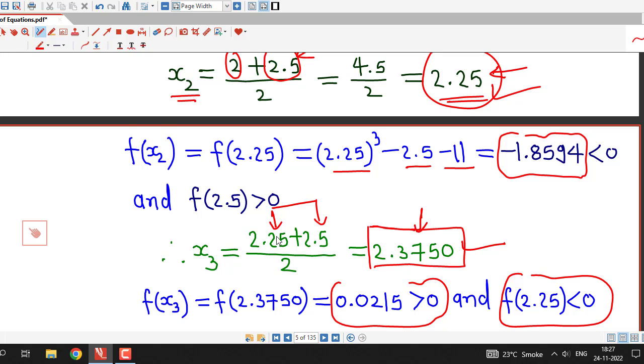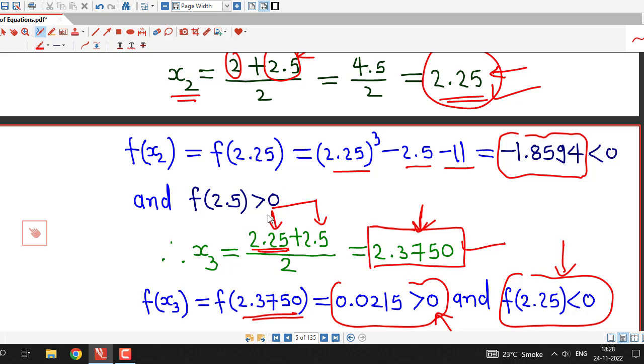This is the average of these two, and the value of the function at 2.3750 is positive. So I am considering 2.25 for the next approximation because the value of the function at 2.25 is negative and the value of the function at 2.3750 is positive. So the next approximation is the average of 2.3750 and 2.25. That will be our x4.